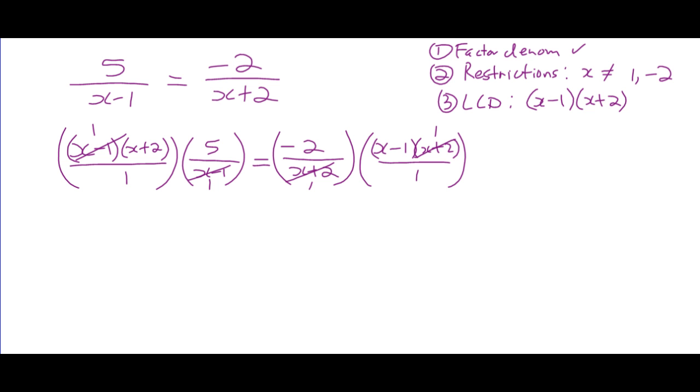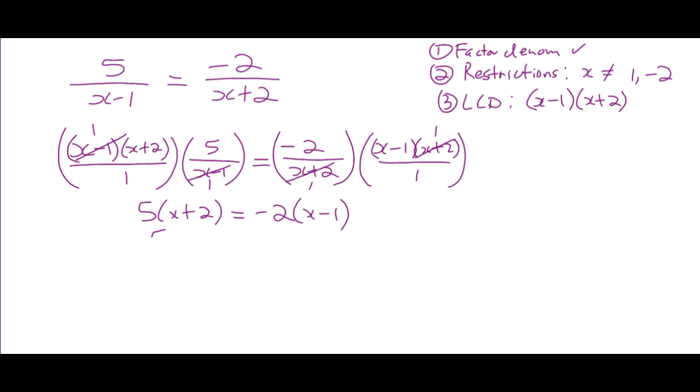Now I look at all 4 denominators. They're all 1s, so we're good to go. There is no more denominator. Denominator is 1, so now I can just simplify. I have 5 times x plus 2 is equal to negative 2 times x minus 1. Now we expand that, collect the terms, and put x's on one side.